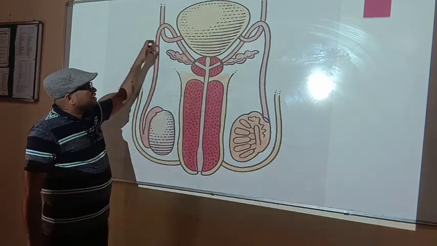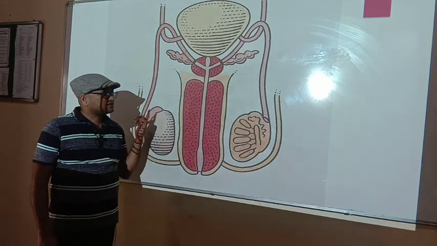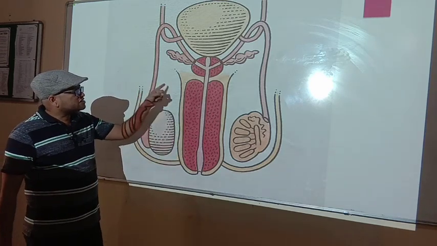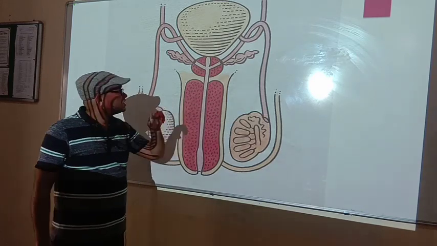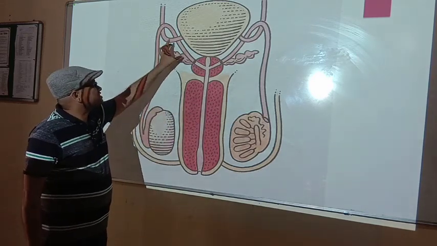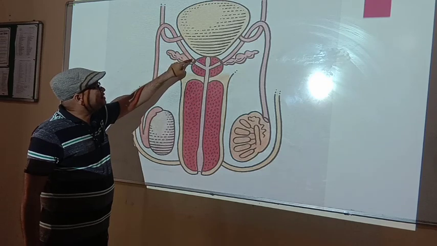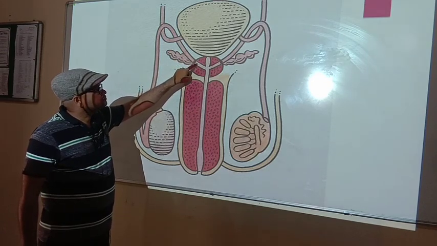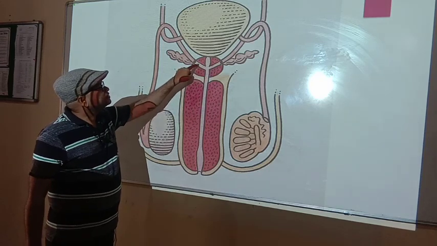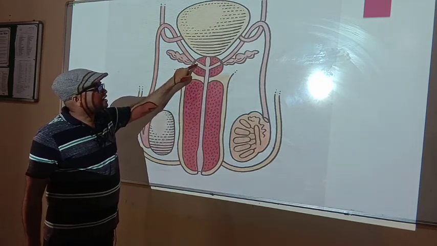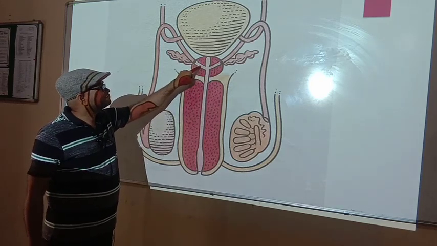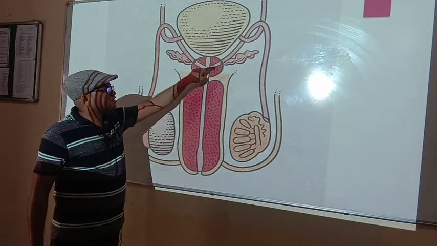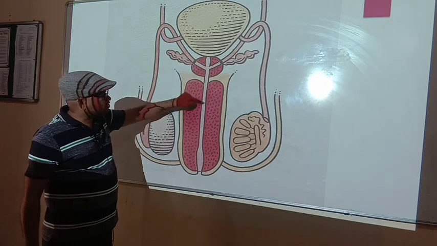and from each testis the vas deferens is released, and these vasa deferentia are joined with the ejaculatory duct. This lighter part is called the ejaculatory duct, and both the ejaculatory ducts open to the urethra.